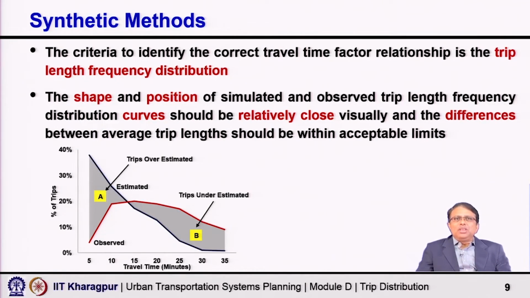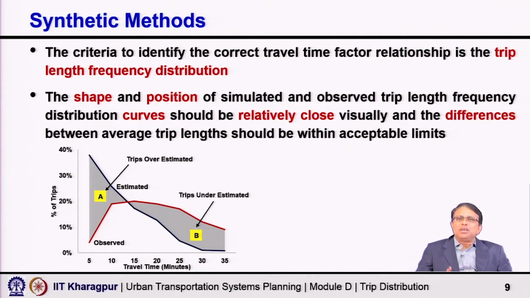So, what we are doing here, the criterion to identify the correct travel time factor relationship is the trip length frequency distribution. We are comparing these 2 trip length frequency distributions, one obtained from the gravity model output and one obtained from our field observations. Again, what is my x?